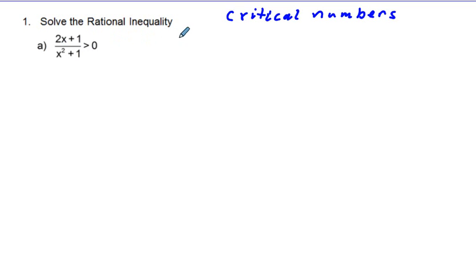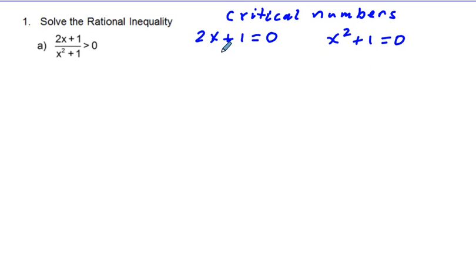So we can take our numerator and set it equal to 0, so we have 2x plus 1 is equal to 0. And we get a critical number there, and also we can set the denominator, in this case x squared plus 1, equal to 0, and then solve for x.